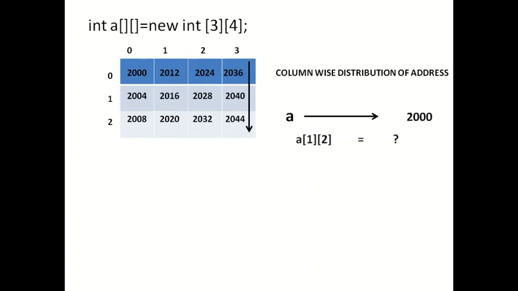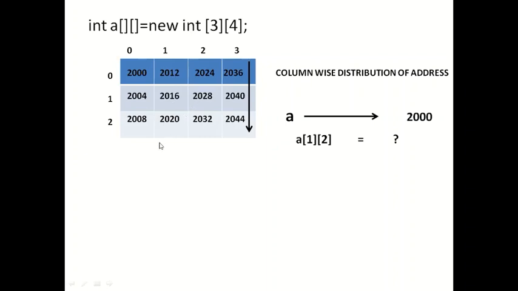Here also the array name is pointing to the first address. But in this case, if you have to find the address A1 of 2, you can see here that the address A1 of 2 is 2028, which was 2024 in the case of row major. So now the address has changed.